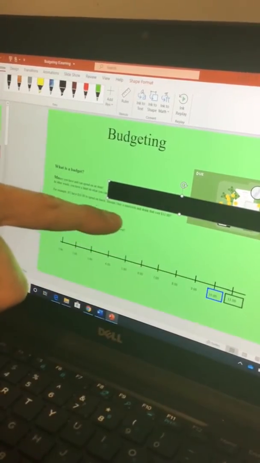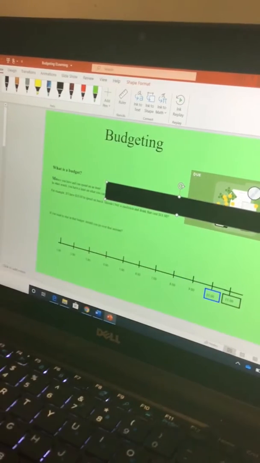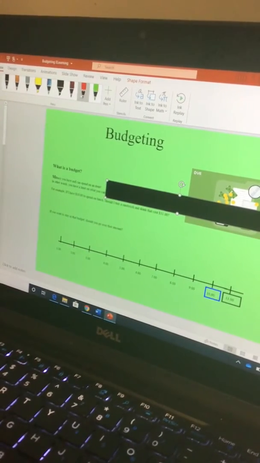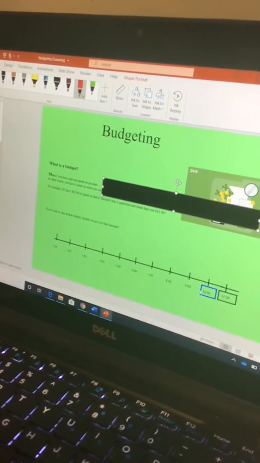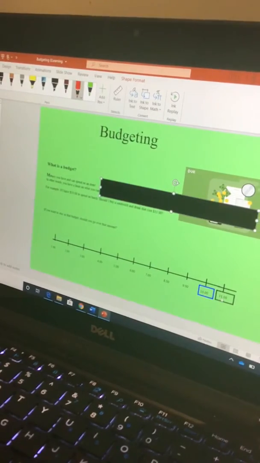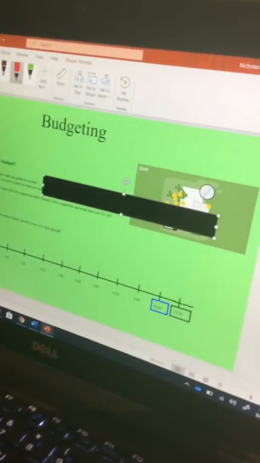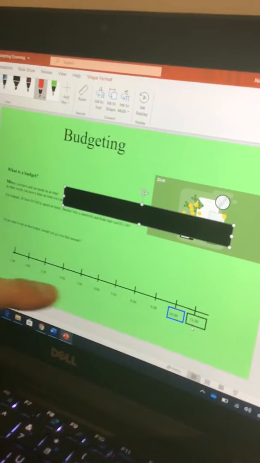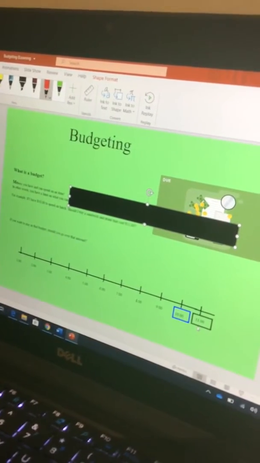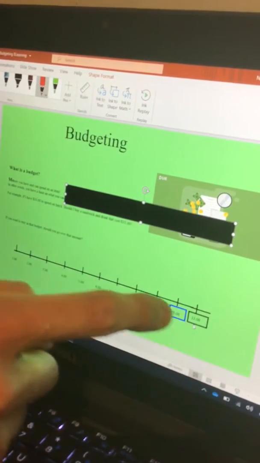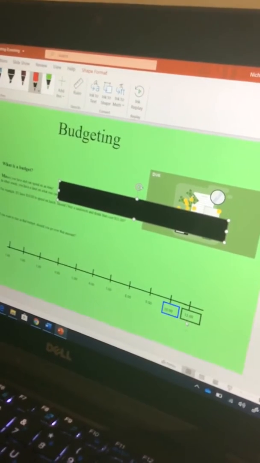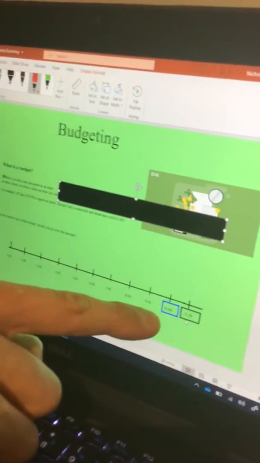Okay? And you want to buy a sandwich that costs $11. Right? So if we have a budget of $10 and we want to buy something that costs $11. Remember, as the values go up, they get bigger. And as the values go down, they get smaller. So let's look at our number line.